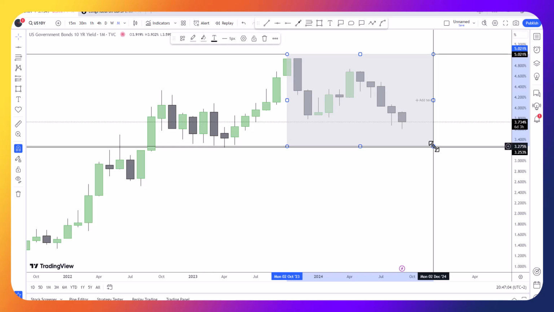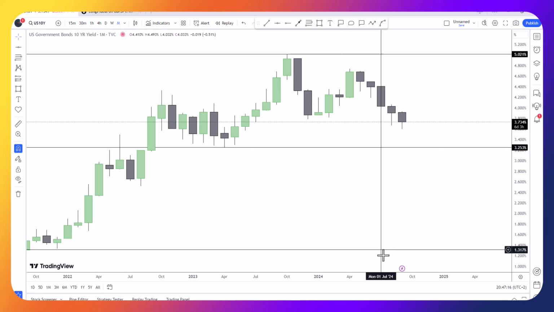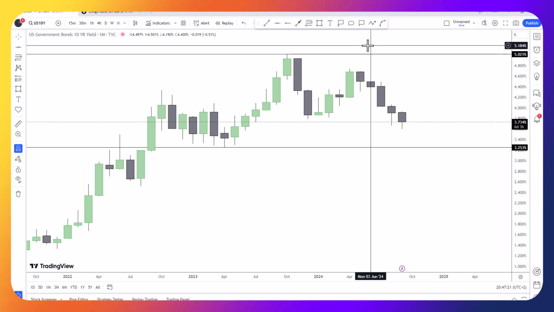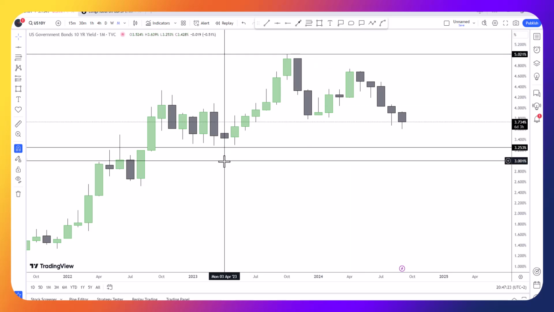But the reason why I'm highlighting that zone is because it can offer me levels that are more precise once I start going on to a lower time frame, right? So that's our monthly range, and you can see the whole of 2024 we haven't reached the highs or the lows of 2023.